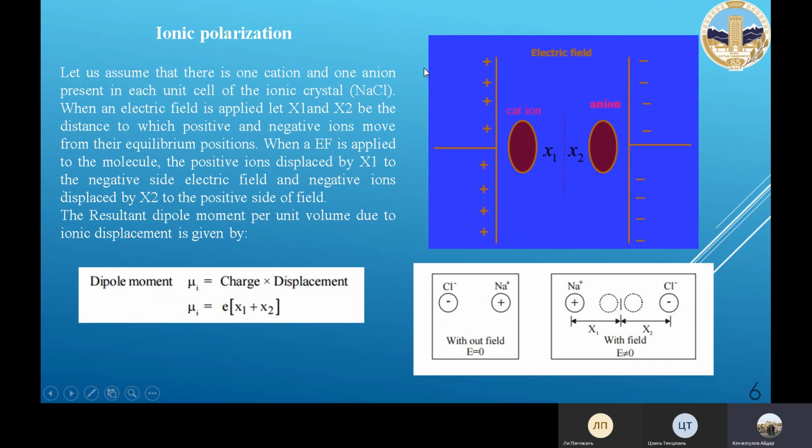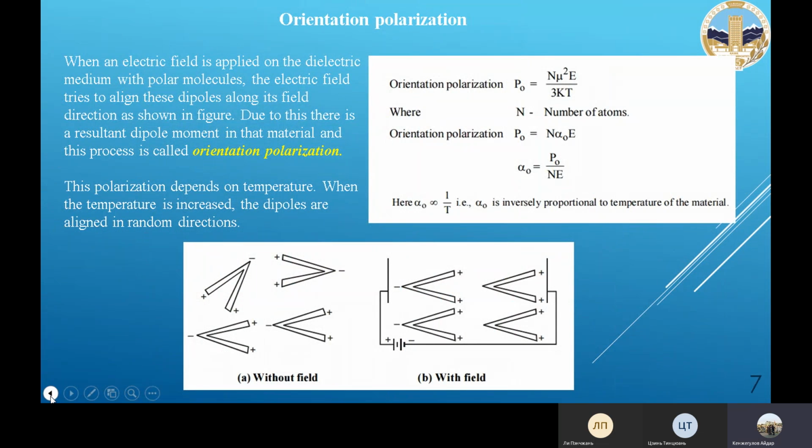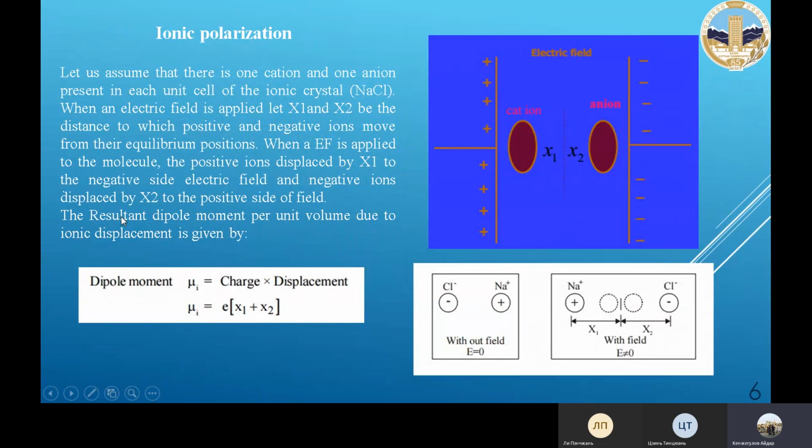Ionic polarization. Let us assume that there is one cation and one anion present in each unit cell of an ionic crystal, sodium chloride. When an electric field is applied, let x1 and x2 be the distances the positive and negative ions move from their equilibrium positions.